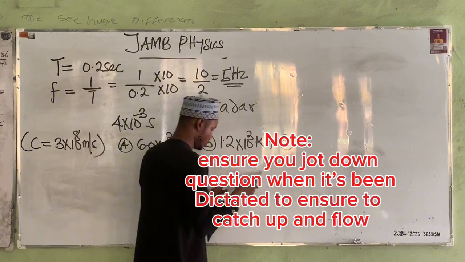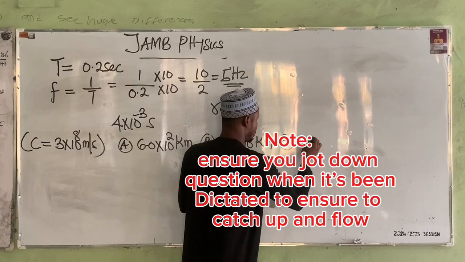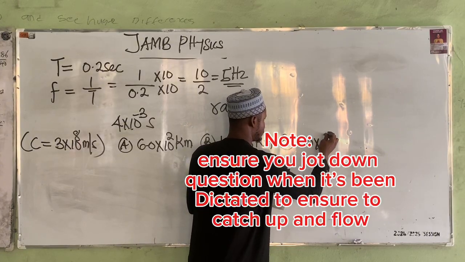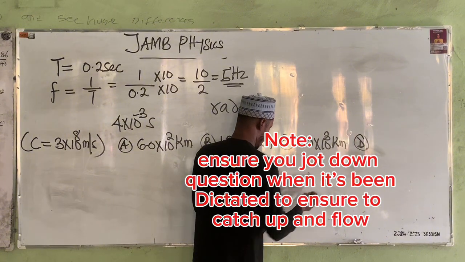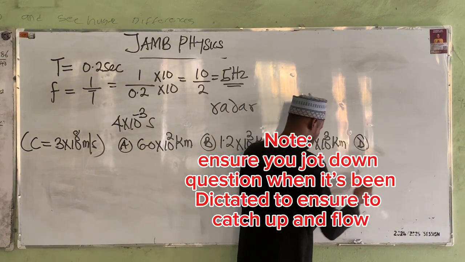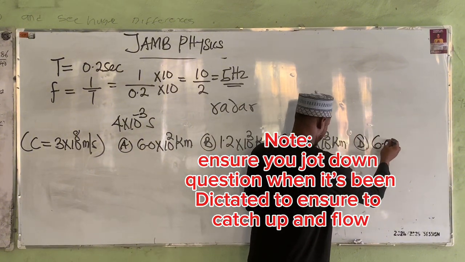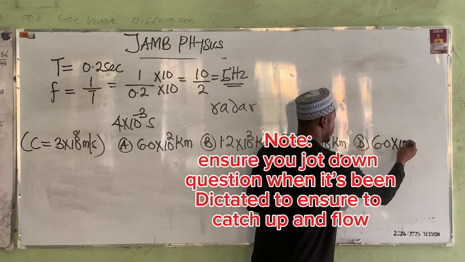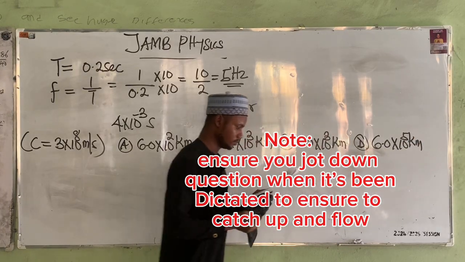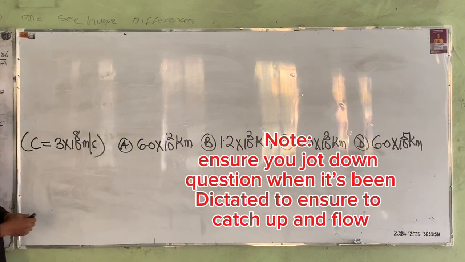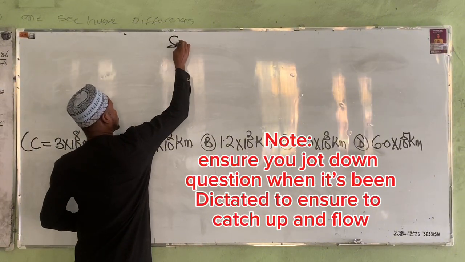C is 3.0 times 10 raised to the 3 kilometers. And D, we have this to be 6.0 times 10 raised to the 5 kilometers. Okay, let's solve this question here, please.